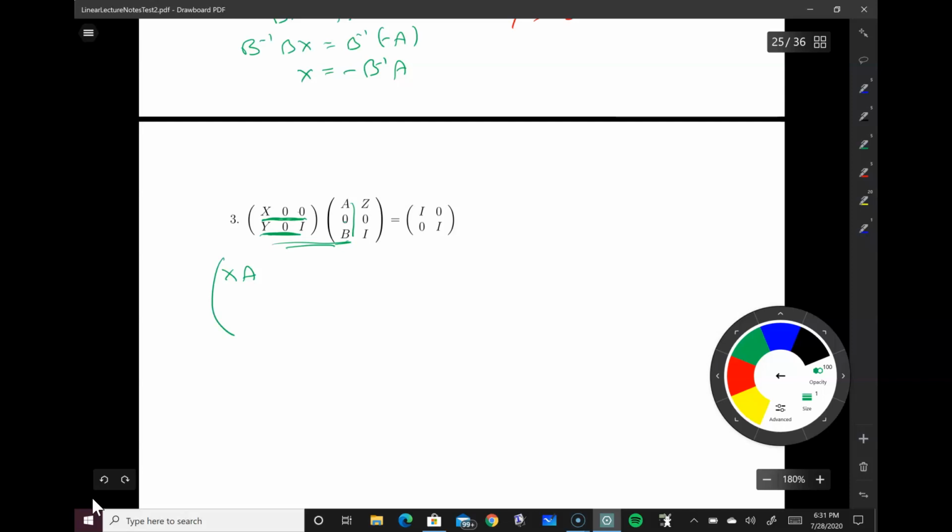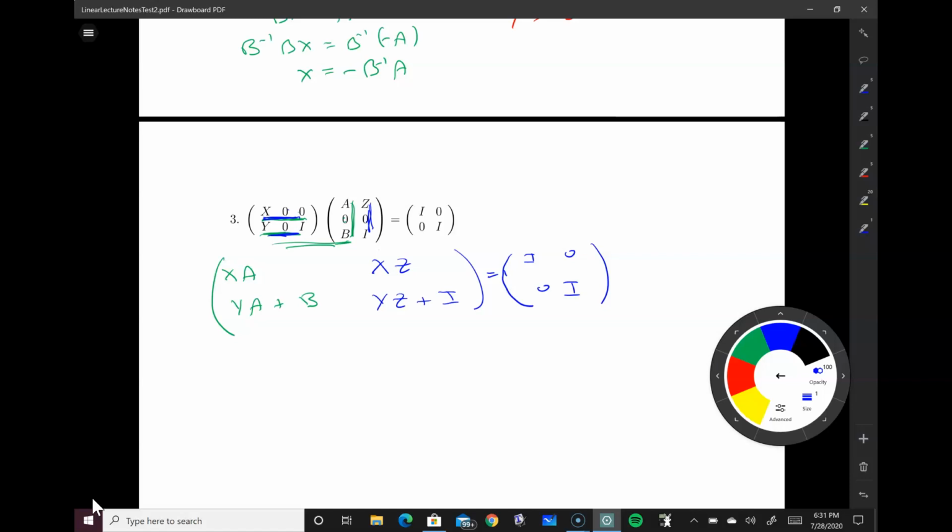All right, this row times this column gives me a YA plus a 0 plus an I times a B, which just gives me a B. All right, so moving to this row times this column gives me XZ plus a 0 plus a 0. Then this row times this column gives me YZ plus a 0 plus an I squared, which is just an I. So this all equals I, 0, I, 0, I.